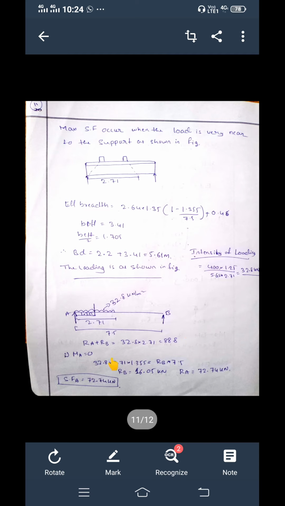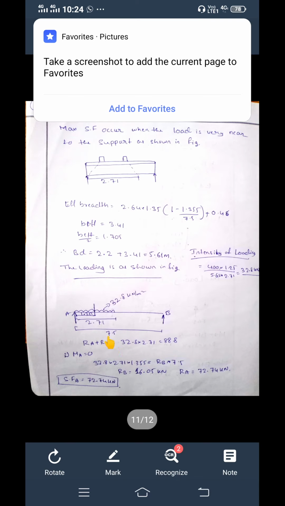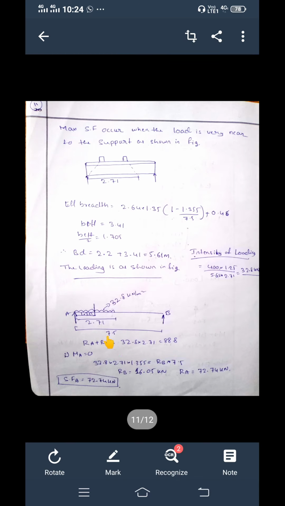Okay, now I will take the moment at A. RA plus RB equals 88.8. Now we will take moment at A. So now 32.8 into 2.71 into 1.355, otherwise you can take 88.8 into half of the 2.71, and it is acting clockwise.